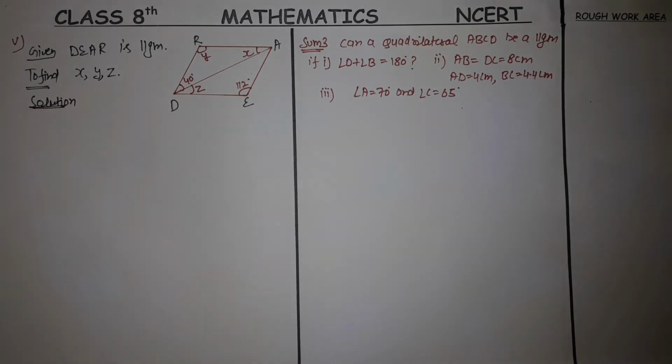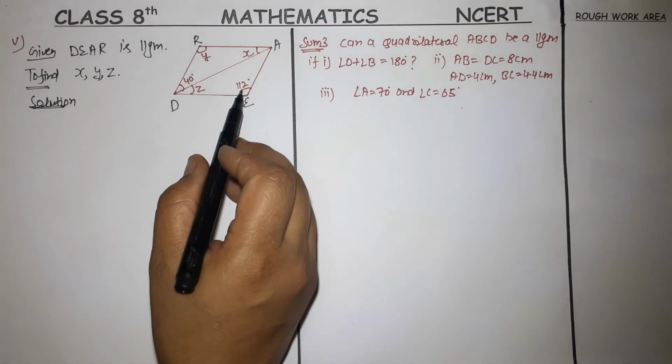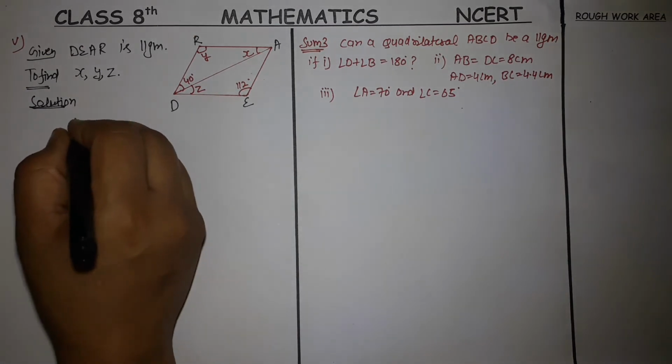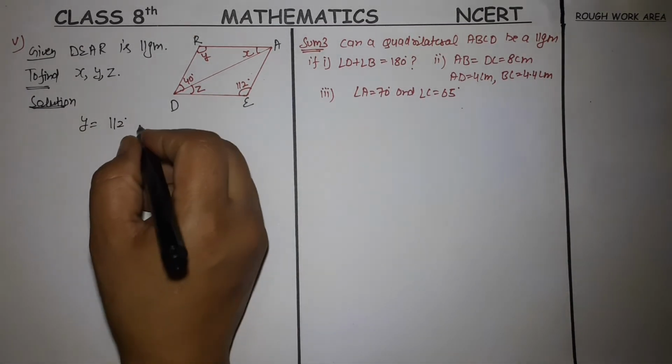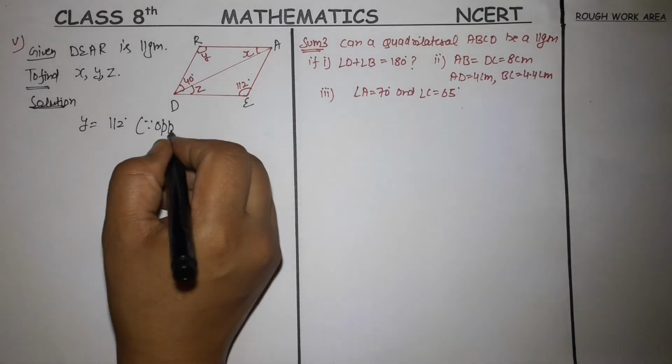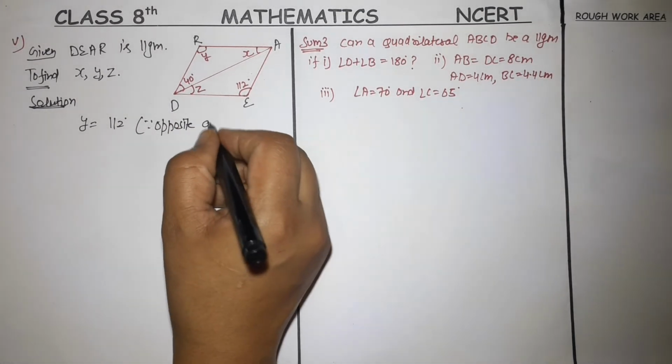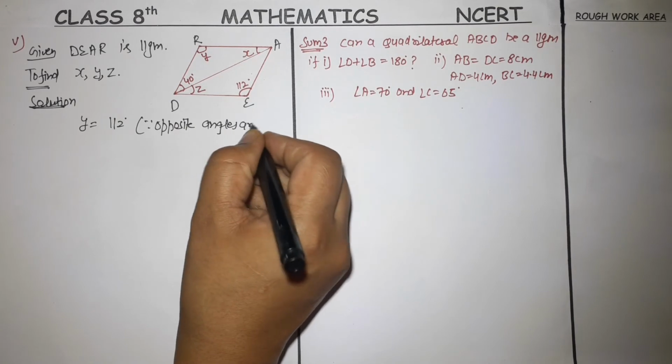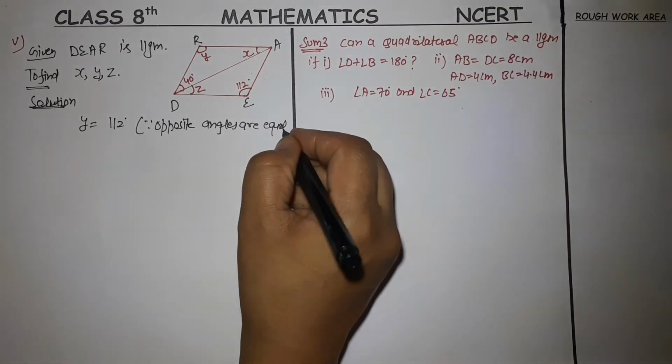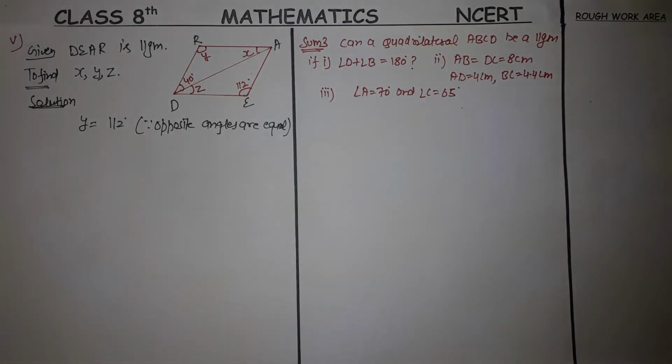Solution. Angle Y will be equal to 112 degrees. Reason? Opposite angles are equal in a parallelogram.